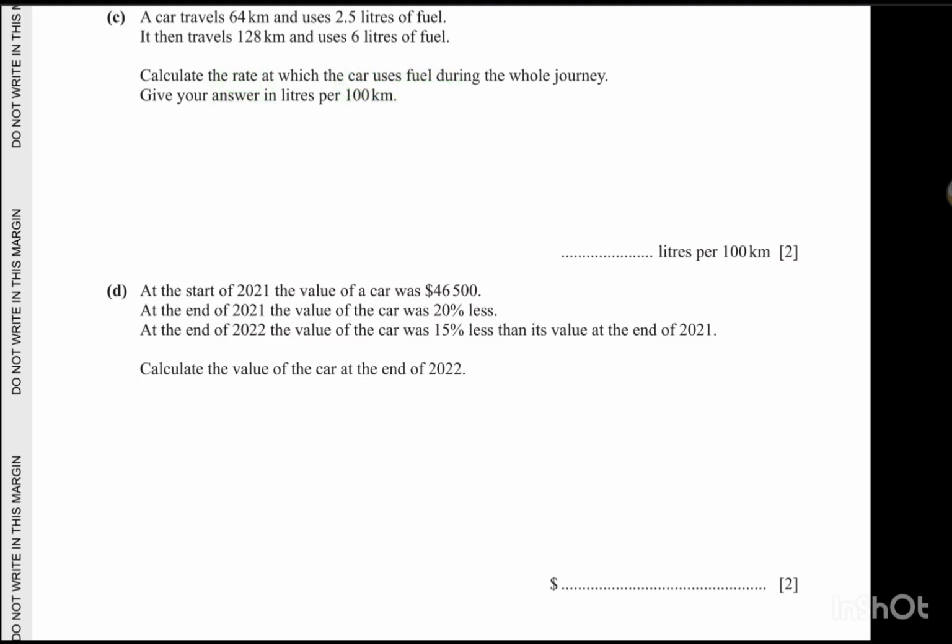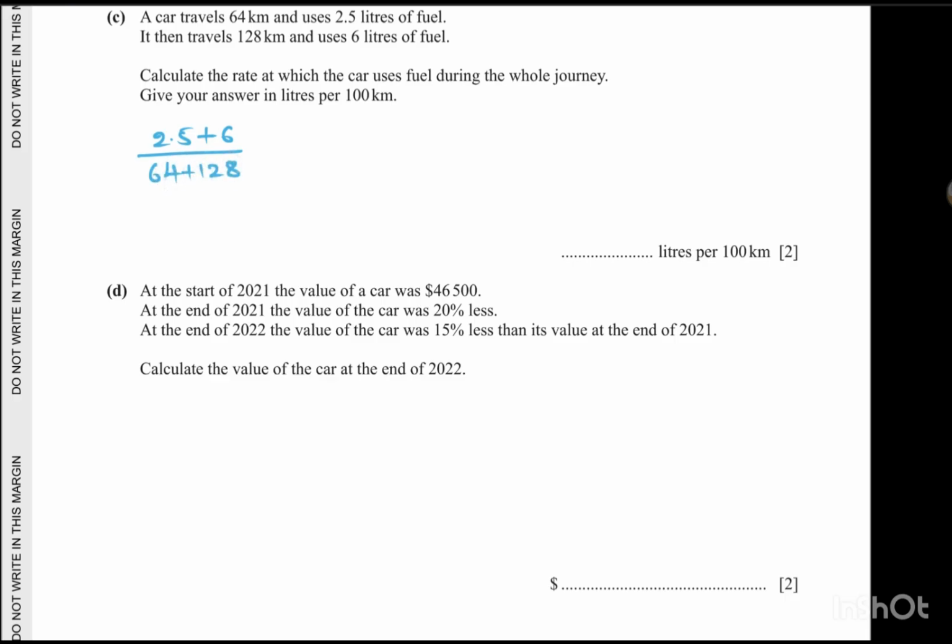So for the whole journey, we have to take both the given information here. 64 kilometers it has traveled using 2.5 liters, and 128 kilometers it has traveled using 6 liters. So we have to sum up the fuel used and divide by the distance traveled. So you'll be taking it as 2.5 plus 6 by 64 plus 128.